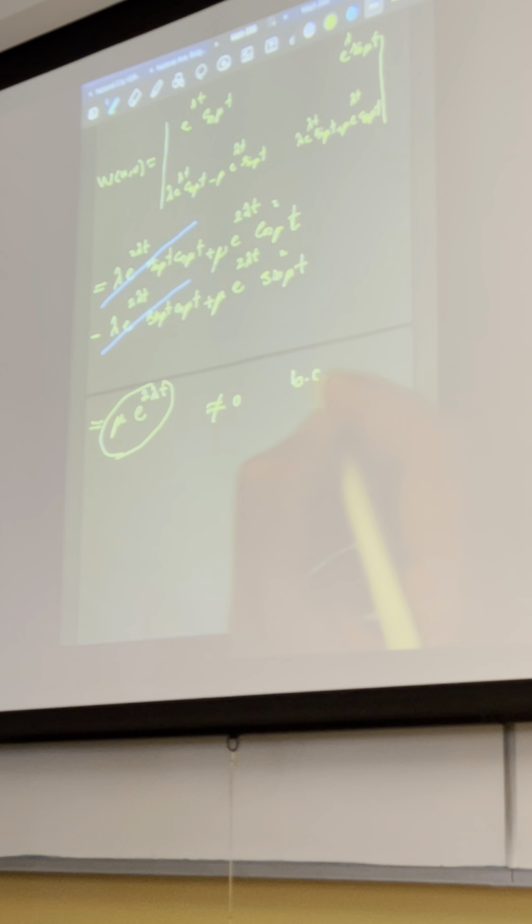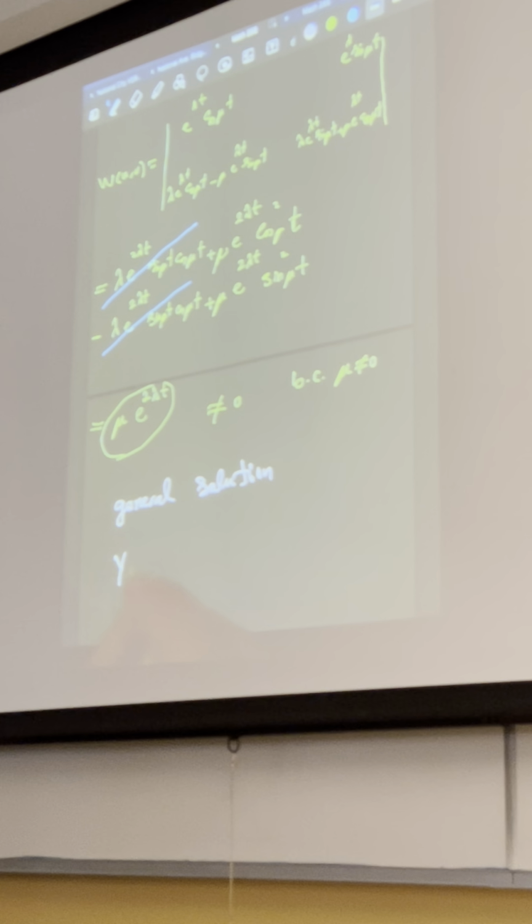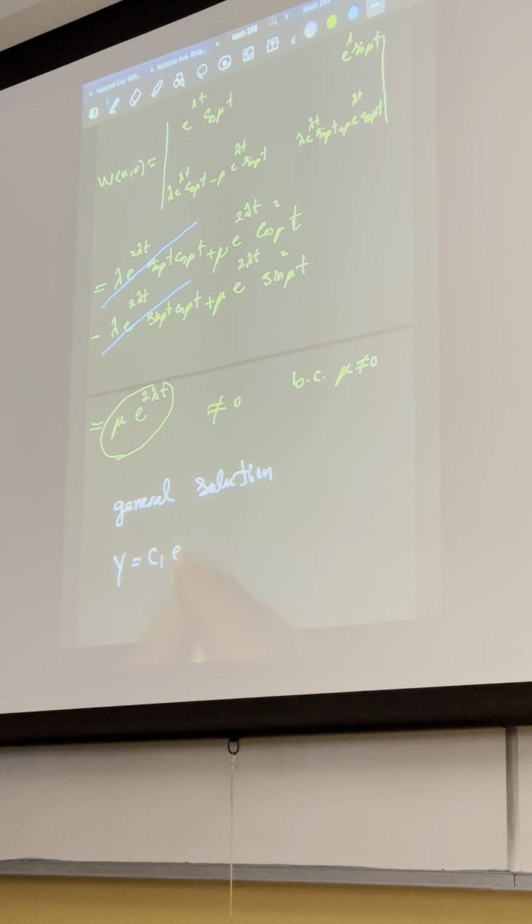Because mu is non-zero, that means your general solution is C1 e to the power of lambda t cosine of mu t plus C2 e to the power of lambda t sine of mu t.